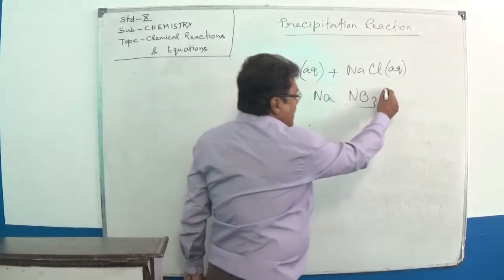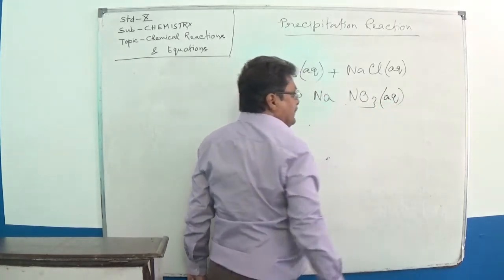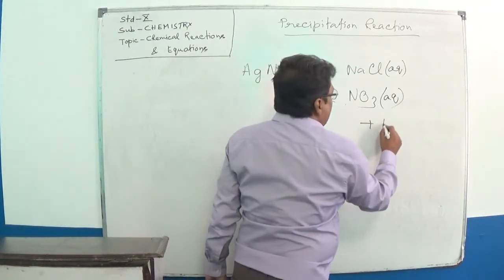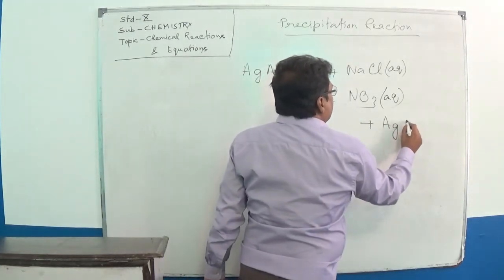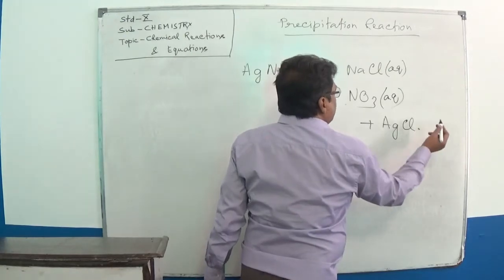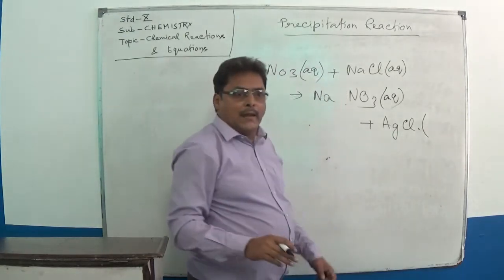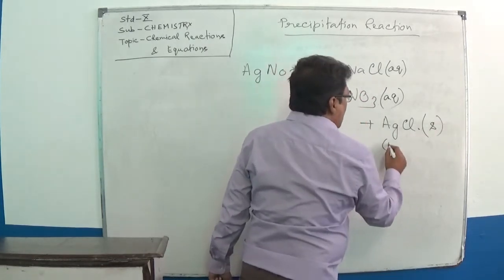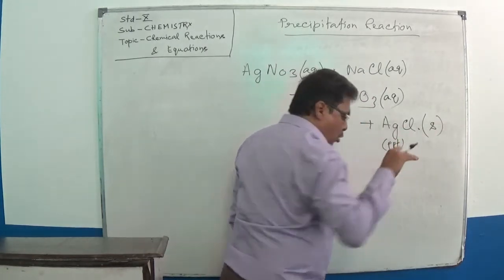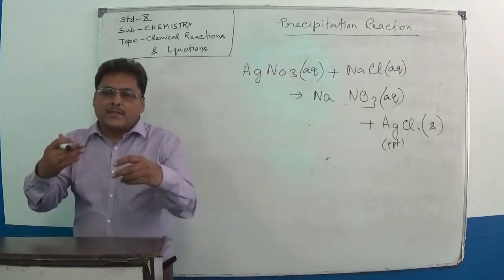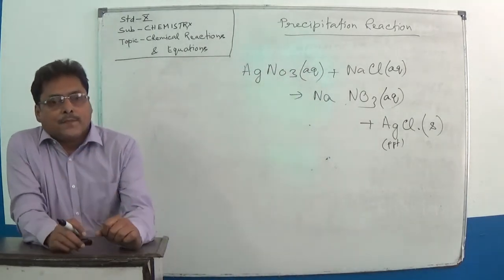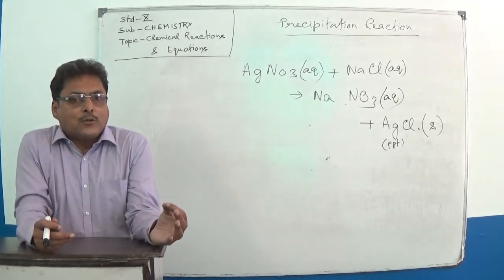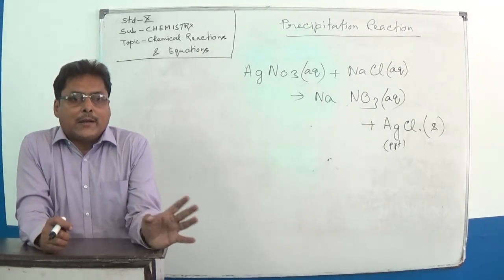This sodium nitrate remains aqueous, but silver chloride comes up as solid, and this is what we call precipitate. It drops at the bottom. This kind of reaction is precipitation reaction. Two solutions on mixing produce at least one solid precipitate.